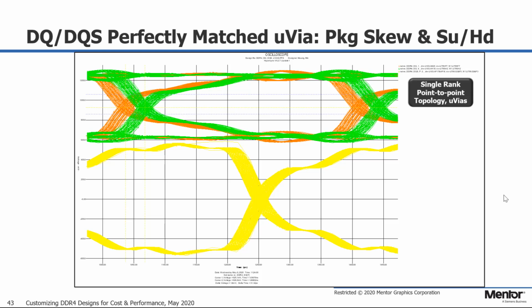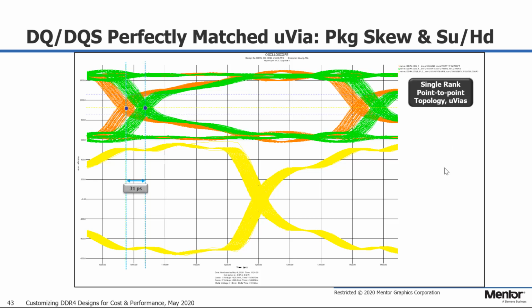Since this is a perfectly matched topology, you may ask where the skew comes from. The skew comes from the package, mostly from the controller. Now, from this simulation, you can get the maximum skew within the byte lane by making this measurement.